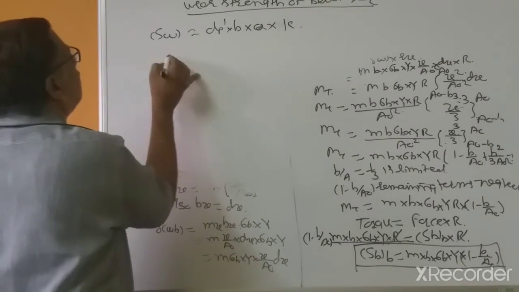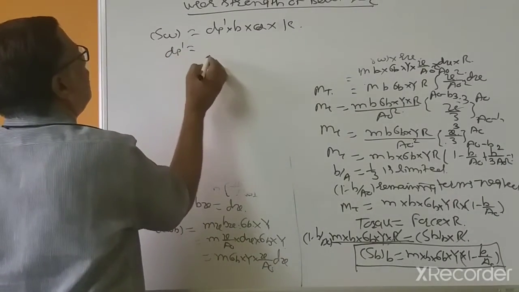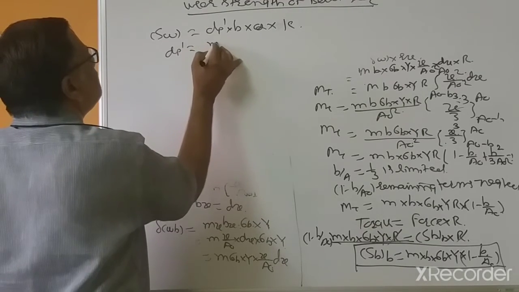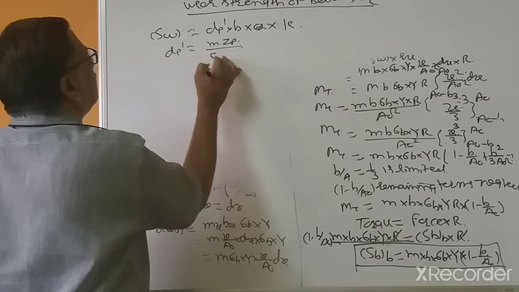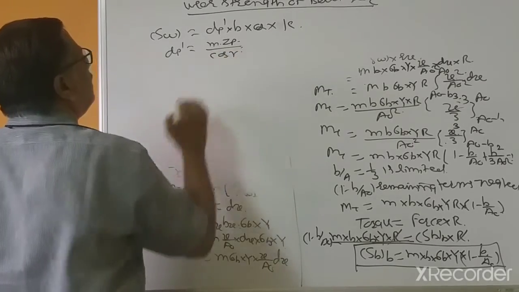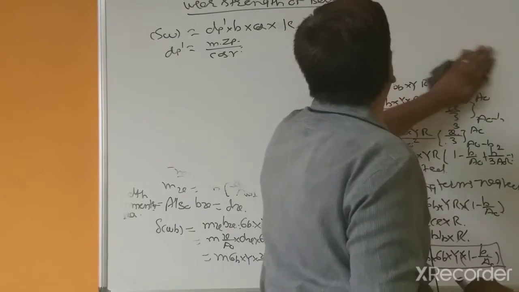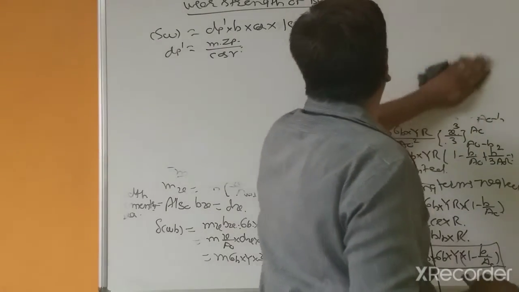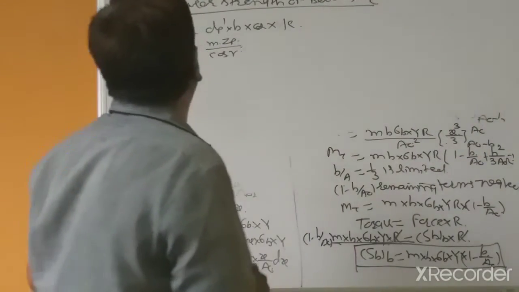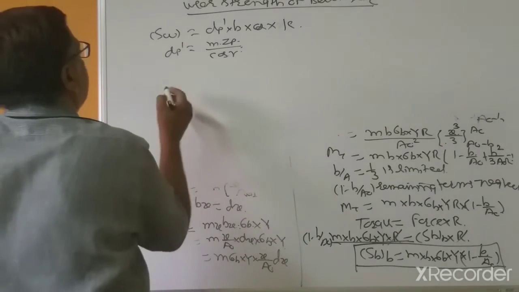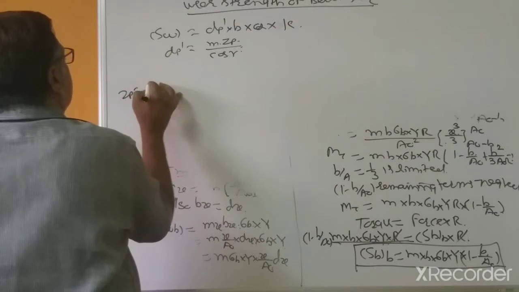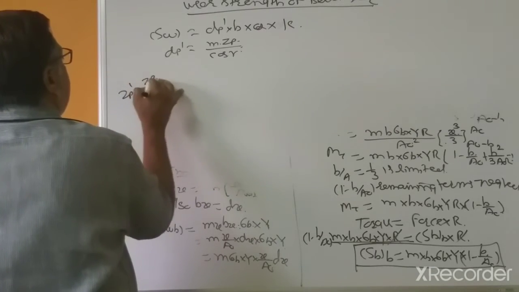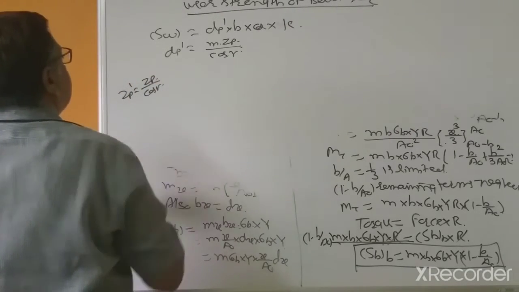Now dp dash equal to m zp divided by cos gamma, because zp dash equal to zp divided by cos gamma.